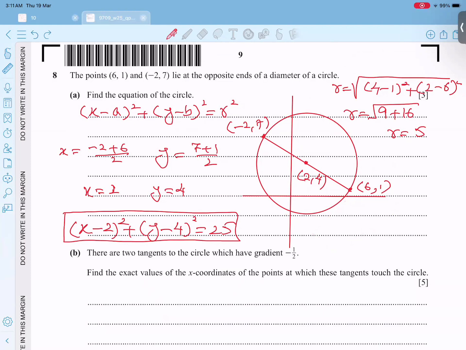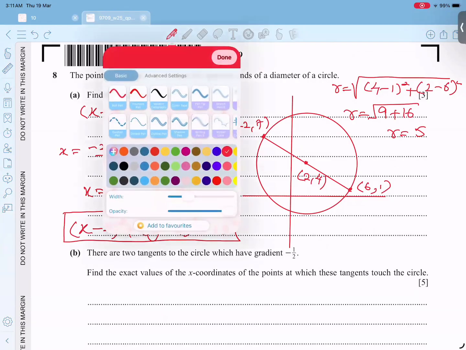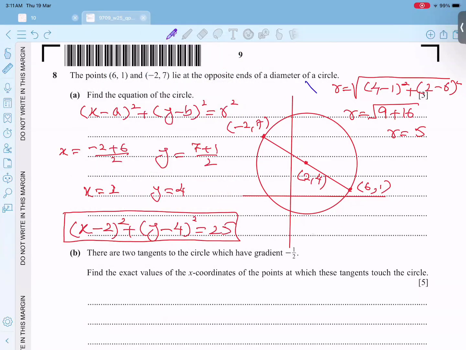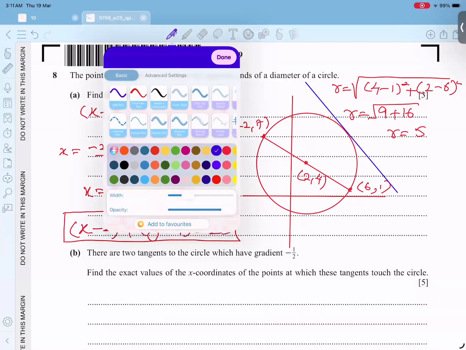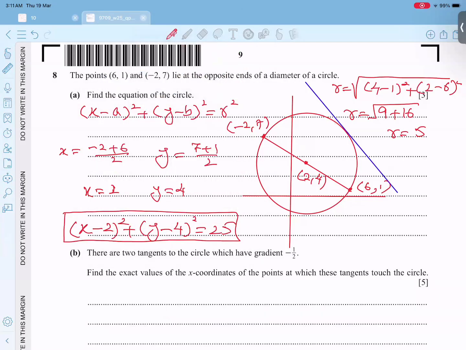So I just take a rough estimation. If I take this tangent here and join this, what is my basic point? You have to read the statement. First of all, two tangents have a gradient of negative half, okay?